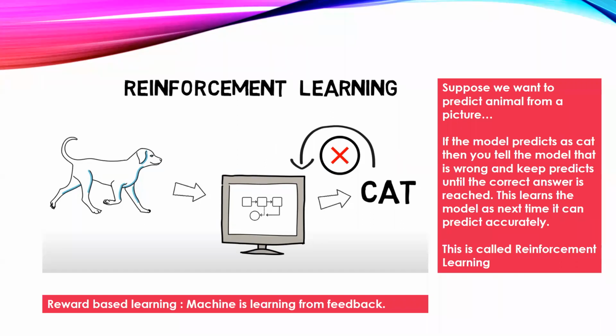But then you say, no, it is not a cat, it is a dog. That is where you keep reinforcing the model. Whenever it predicts something wrong, you say no, it's not a cat, it's a dog. That is called reinforcement learning, or reward-based learning. There is a reward when it is correctly identified, and if it is wrong, the reward goes down. That's called reinforcement learning.